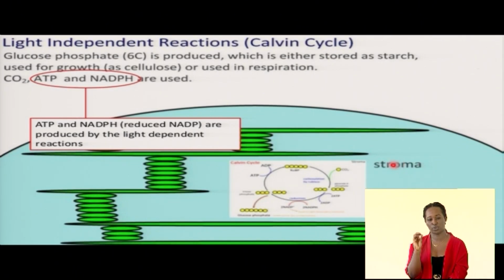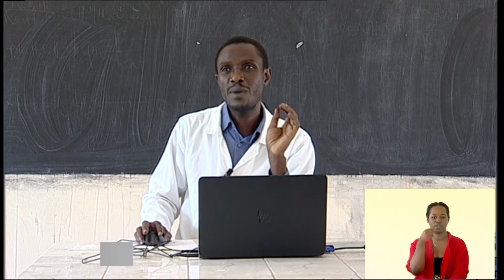All we've been looking at has been in the thylakoid membranes, photolysis, light reactions, photophosphorylation. Now this time here in the stroma, we don't need that. Instead, we need enzymes and ATP and NADP. No oxygen. That's why we hardly can find this region pigmented.